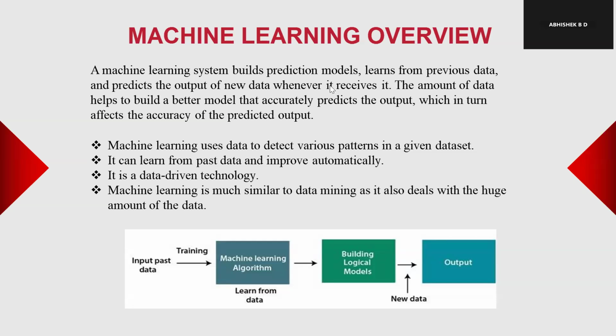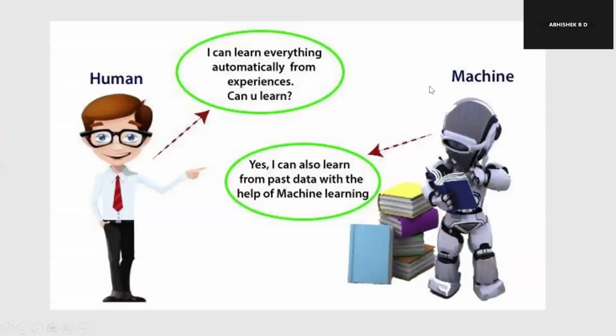Machine learning is much similar to data mining, as it deals with past data. It learns everything automatically from experience. Can machines learn? Yes, they can also learn from past data with the help of machine learning.